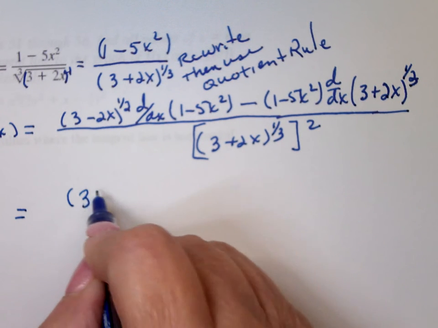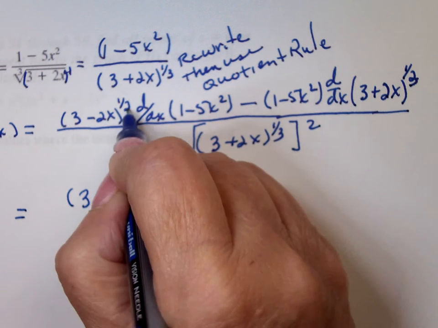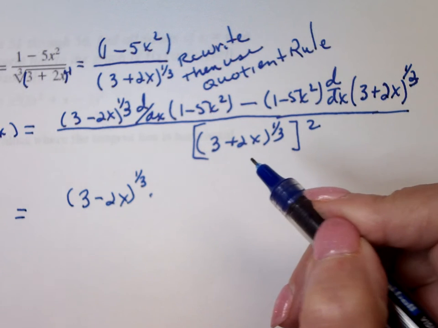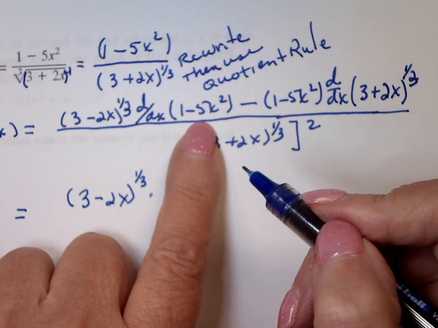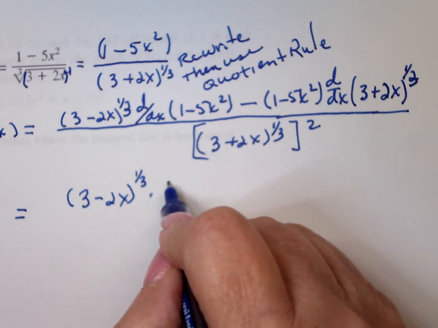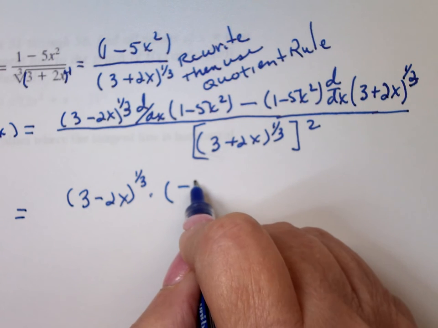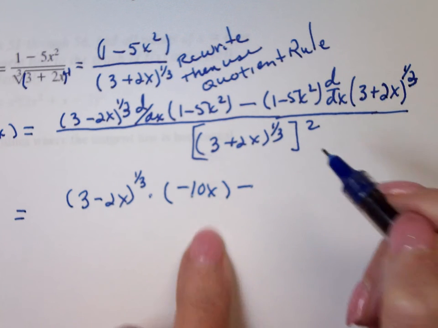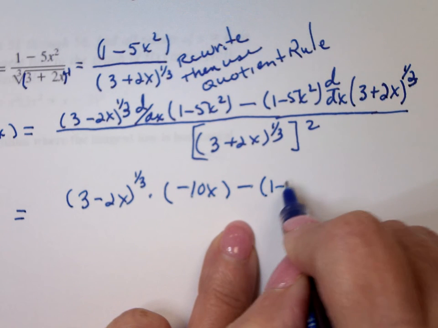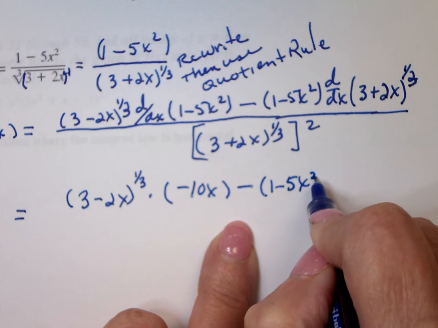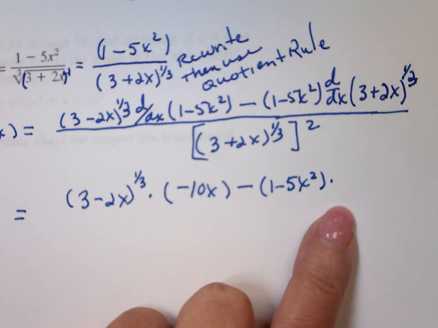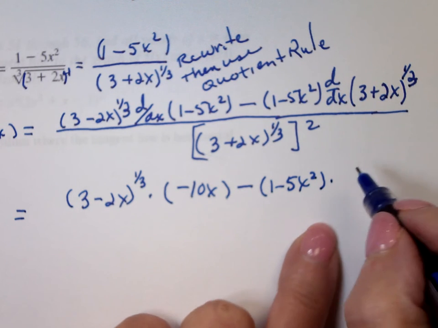So this becomes 3 plus 2x to the 1/3 times the derivative of 1 minus 5x squared, which is what? Negative 10x, minus, because that's not going to be chain rule, 1 minus 5x squared times the derivative of 3 plus 2x to the 1/3, that's chain rule.